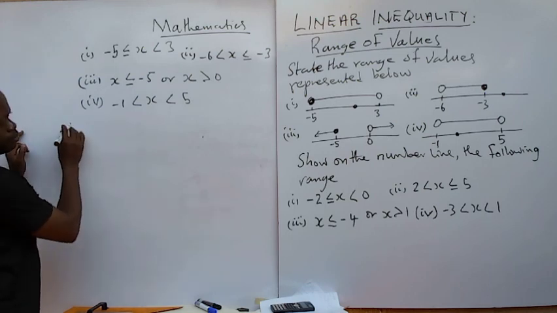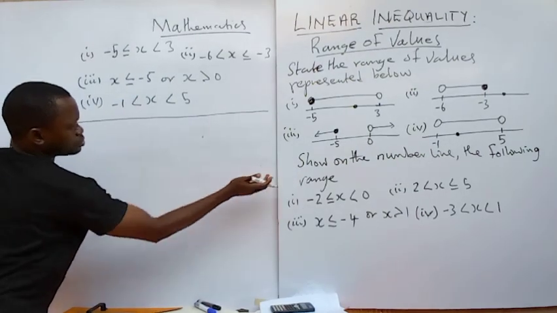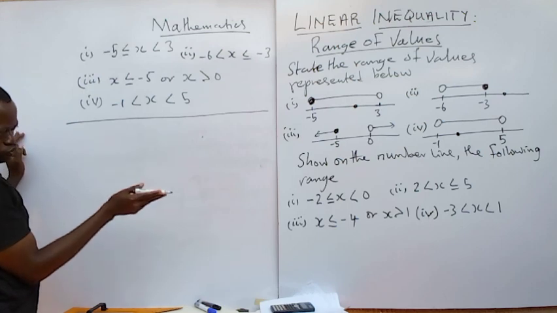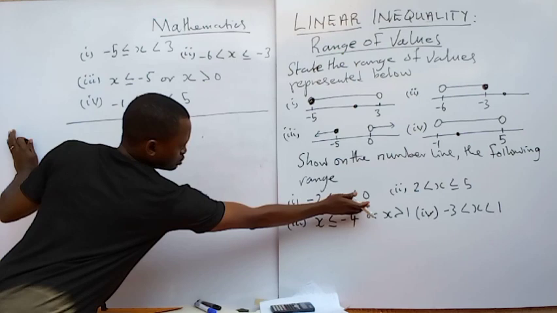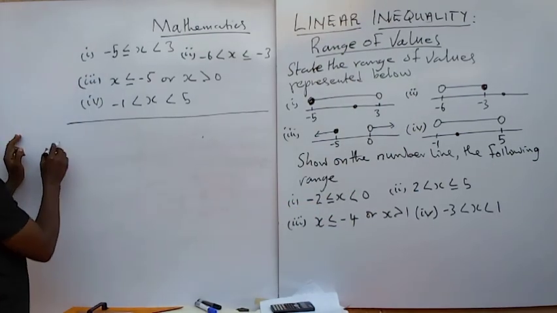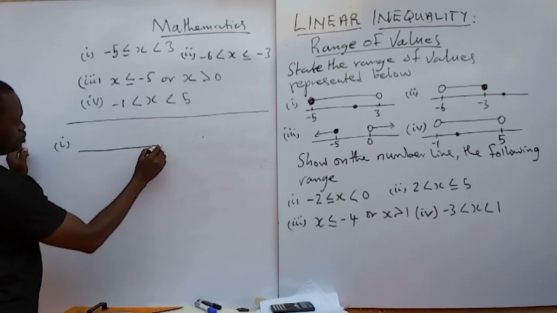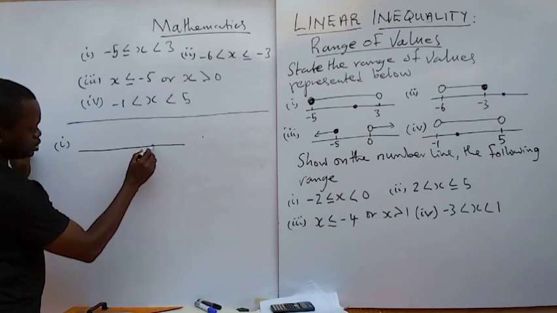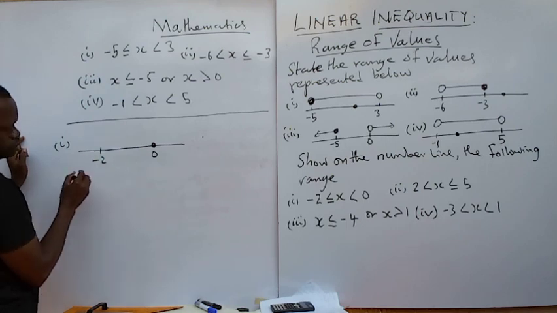What about the second question that says show on the number line the following range? The first one is -2 is less than or equal to x, then strictly less than 0. How are we going to put that on the real number line? If here is 0, then maybe somewhere here is -2.